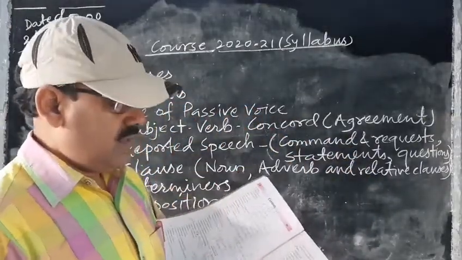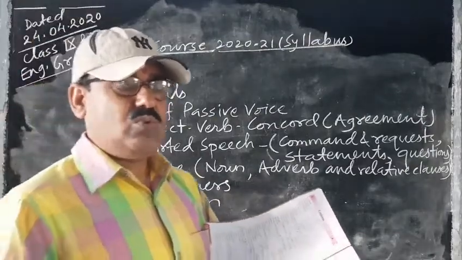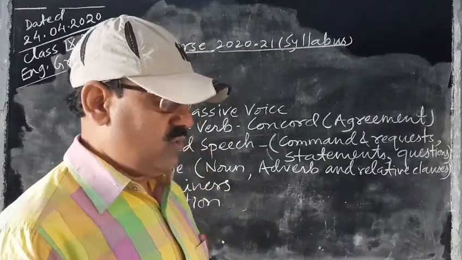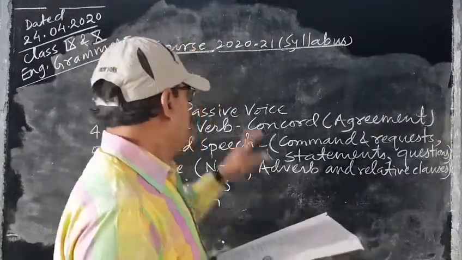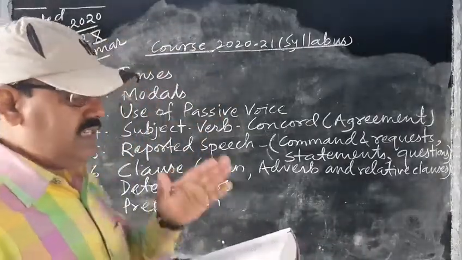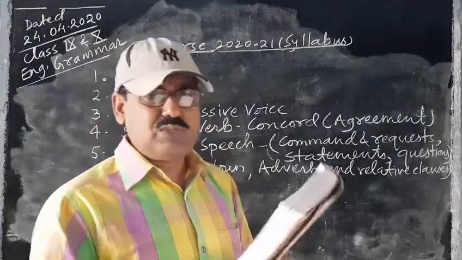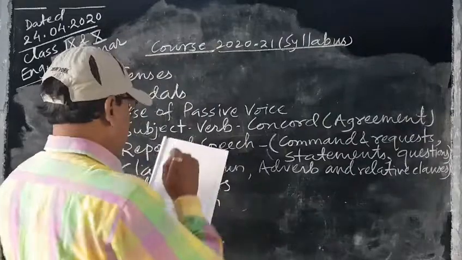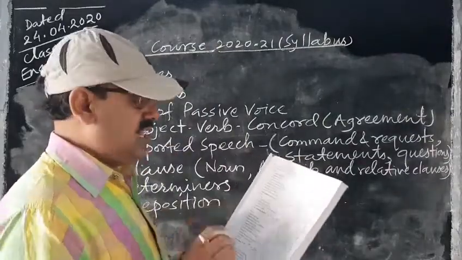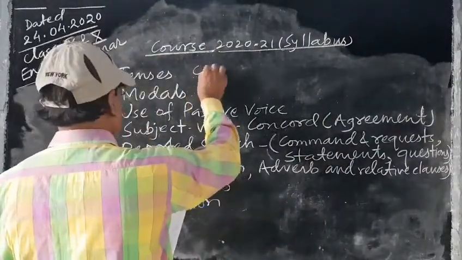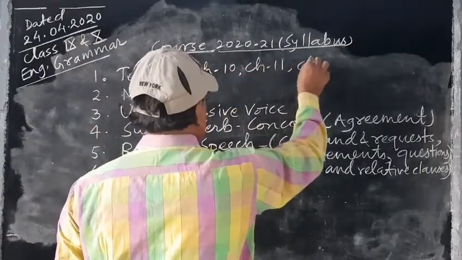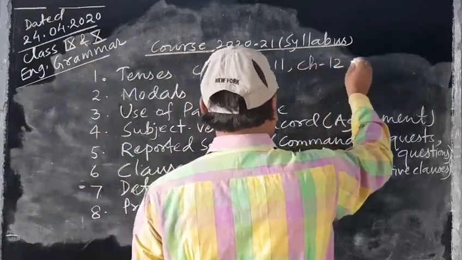One chapter that we discussed was non-finite verbs, but today we are starting from the tense section. That is, 3 chapters of this book include tenses. The chapters are chapter 10, chapter 11, chapter 12 from Essentials.